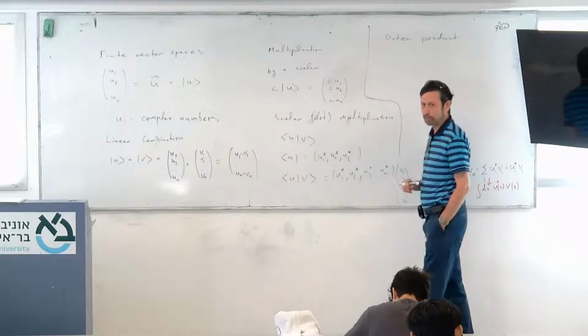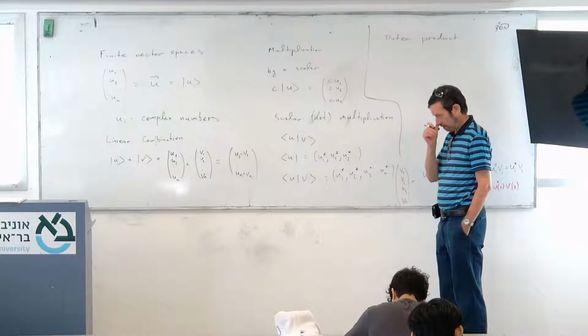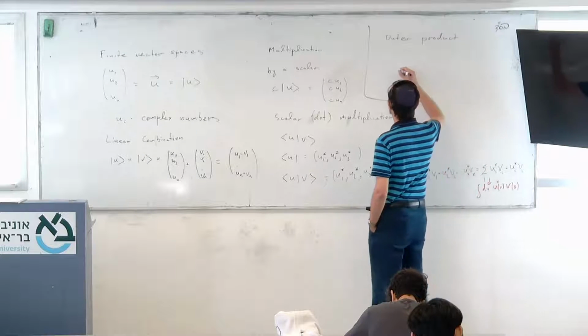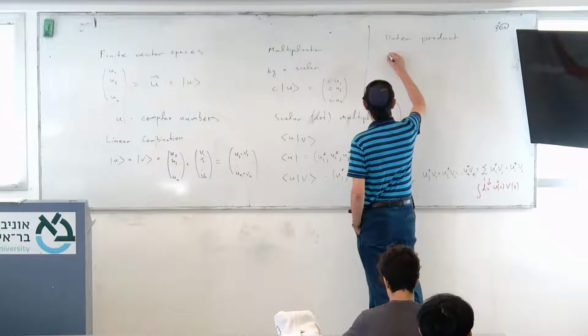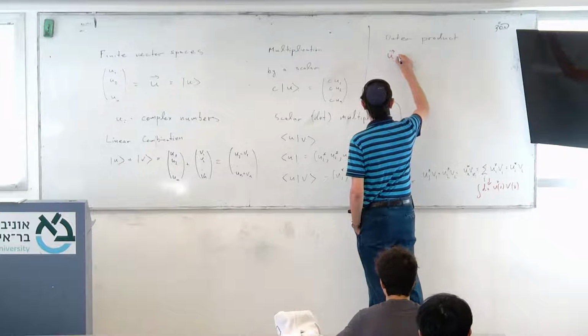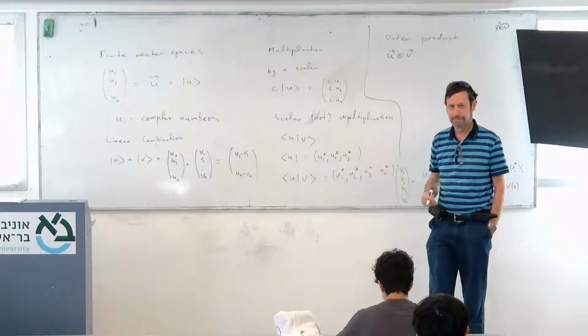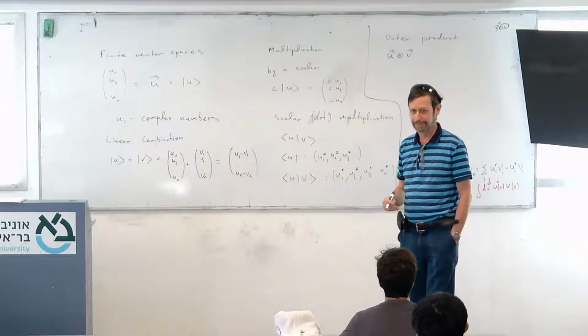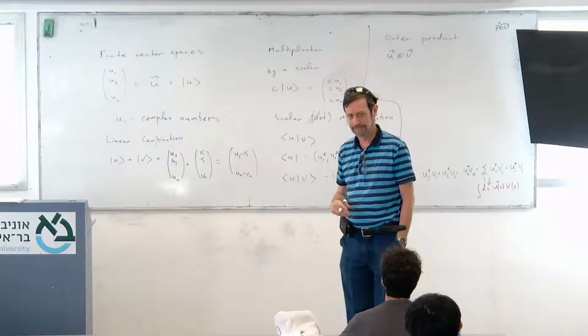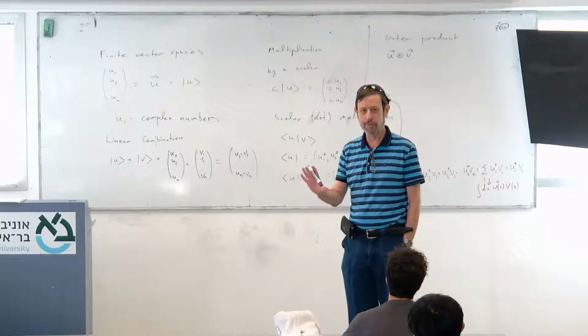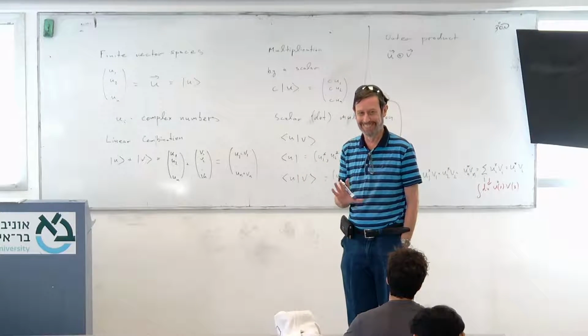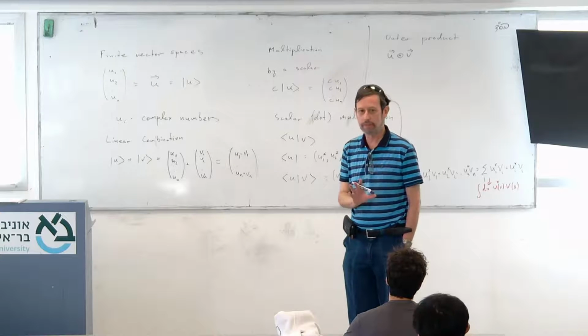So an outer product of two vectors. No, you don't need your hand for it, because it doesn't give you a vector, it gives you a matrix.